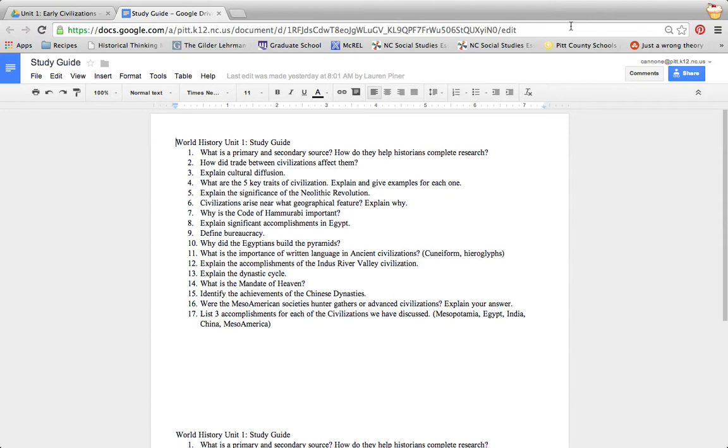When we talk about number 5, the significance of the Neolithic Revolution, you need to understand that the Neolithic Revolution is very important because it went from hunting and gathering to farming. Instead of us walking behind animals and hunting them and tracking them and gathering berries or wheat from the forest, we start to domesticate animals and we domesticate plants to use them for what humans need, like farming and meat and milk and things like that.